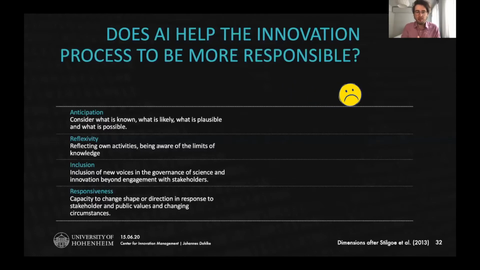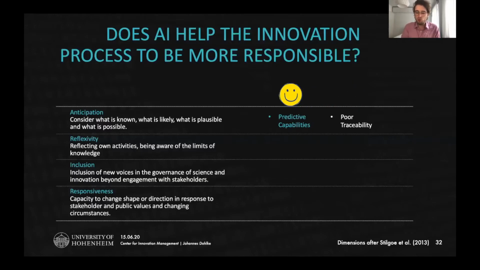So we start off with anticipation. And here, actors in the innovation system basically consider what is known about their innovation. So what is likely to happen when this innovation is diffused, handed to our customers, and diffused in society? What is plausible and what is possible? And here, the predictive capabilities of AI surely may help us in forecasting and predicting, for example, customer satisfaction or other effects in society caused by a diffusion of an innovation, right?